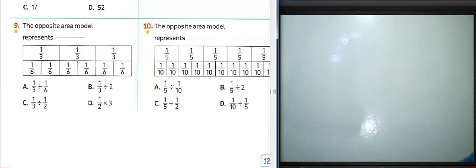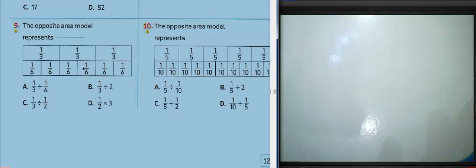Look at question number 9. The opposite area model represents what? We have here, look with me, 1/3, 1/3, and 1/3. And we have 1 over 6, 1 over 6, 1 over 6, 1, 2, 3, 4, 5, 6.